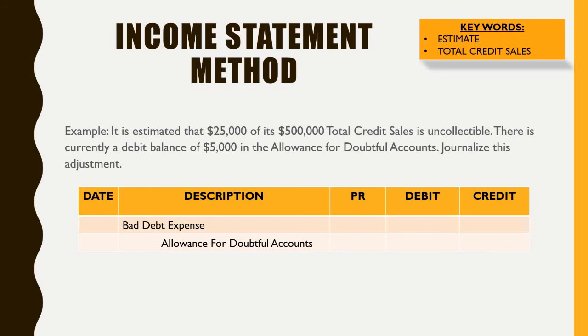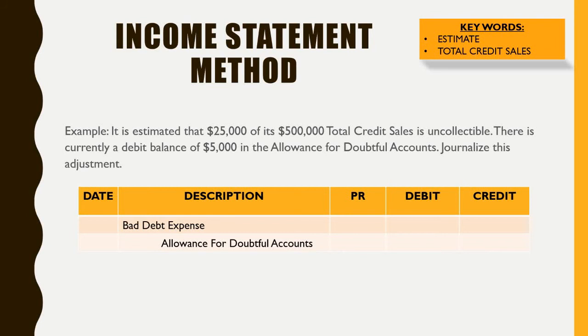Under GAAP, you have two options. You can either use the balance sheet method or you can use the income statement method. We have to choose which one would make it easier for us.